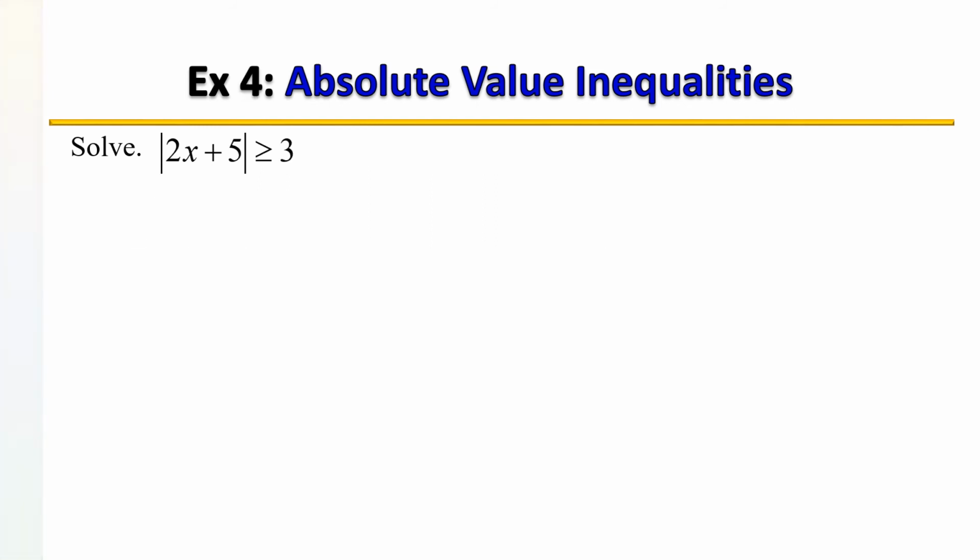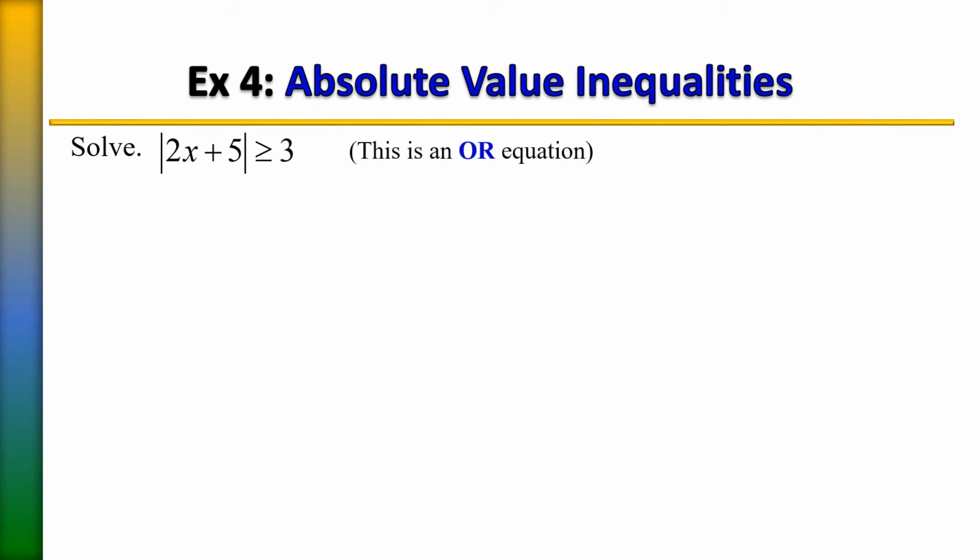Okay, so we have another absolute value inequality. Let's first look at our inequality symbol to determine whether this is an "and" or "or" equation. So what do you think? Okay, so here we have greater than or equal to, and because it's greater, it's an "or" equation, which means we're going to have 2 separate equations.